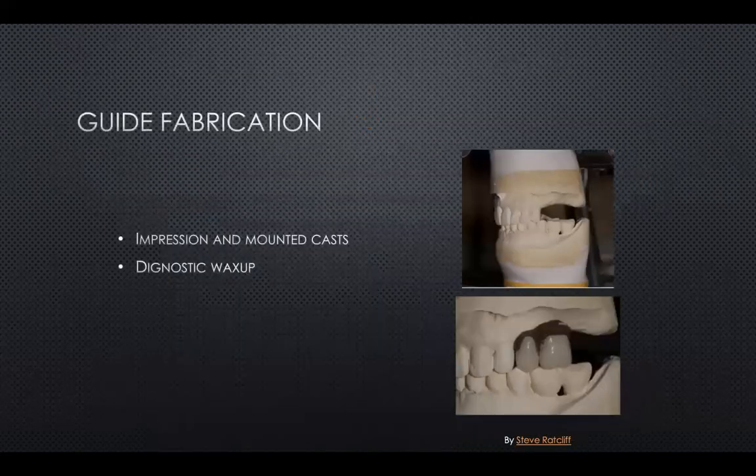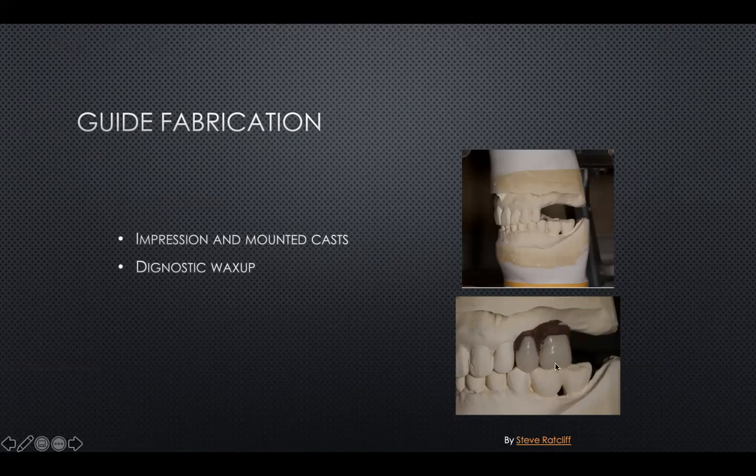So how did we use to fabricate the guides? Basically, we used to take impressions. We make mounted casts like this, and then we do a diagnostic wax-up, or we have denture teeth. We glue them to the cast to mimic how our restoration, crowns or bridges, are going to look in the future.